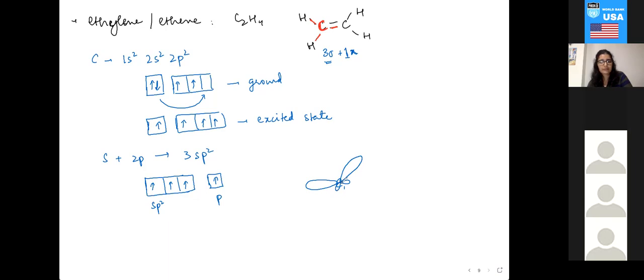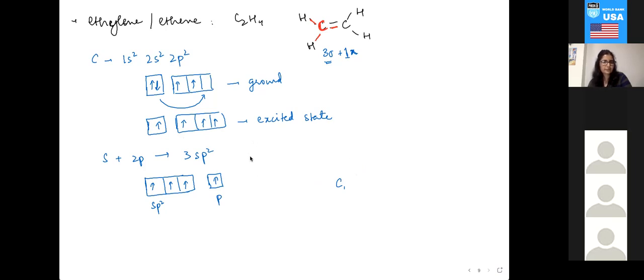Ma'am, how did we figure out that there's 1 s and 2 p? Because if it's equally distributed anyway, then how do we know? No, because there are 3 sp2 hybrid orbitals formed, right? That's why we know that there's 1 s and 2 p. Like you asked, how do we know that it's 1 s and 2 p?